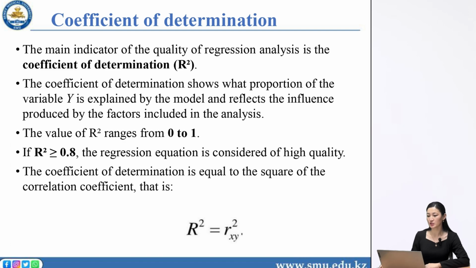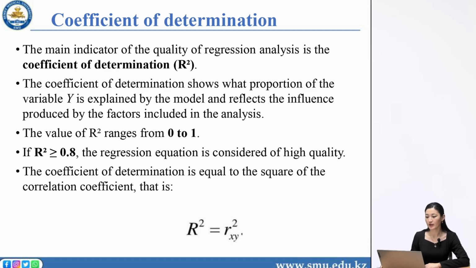Coefficient of determination. The main indicator of the quality of regression analysis is the coefficient of determination, R square. The coefficient of determination shows the proportion of the variable y explained by the model and reflects the influence produced by the factors included in the analysis.